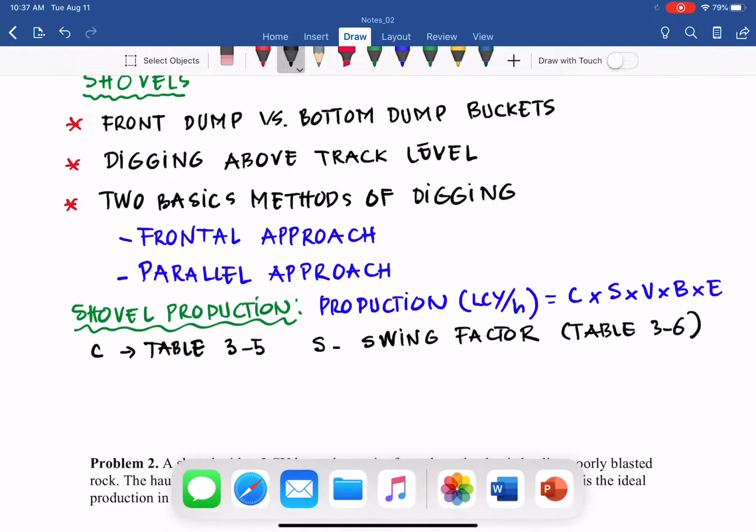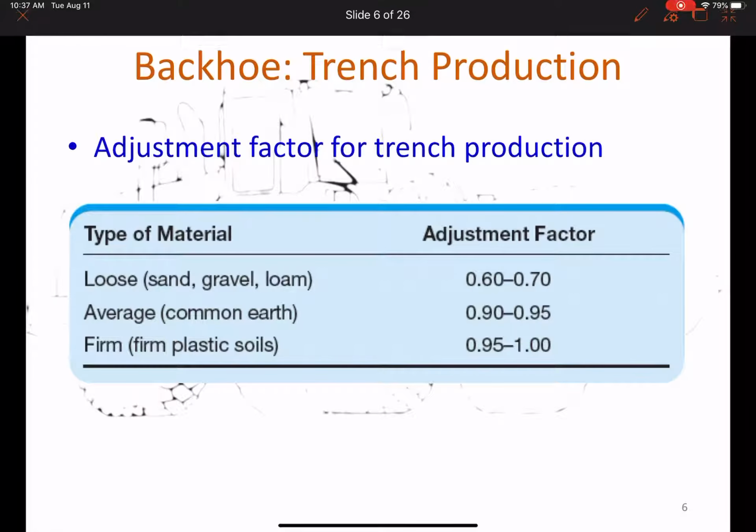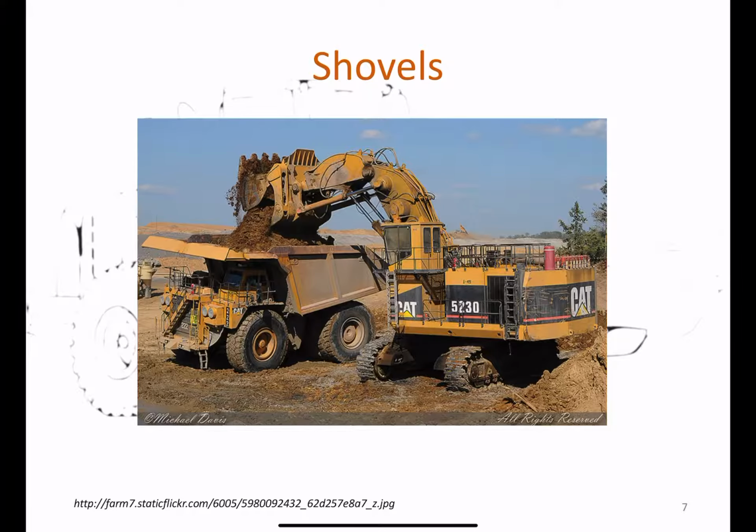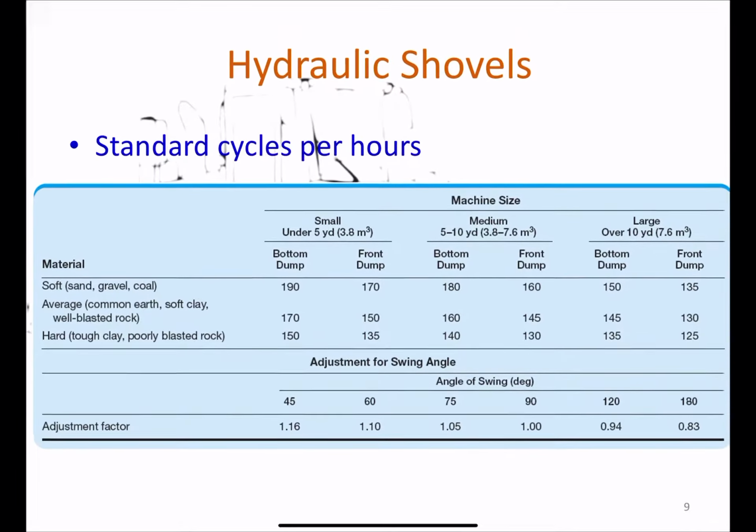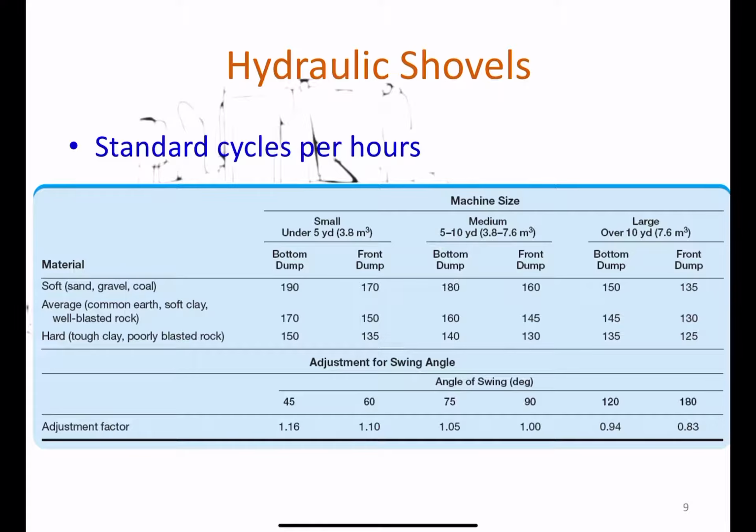I'm going to show you that table here, shovel and the cycle, the same table for both, with the adjustment swing factor. As you can see, when the swing angle is increased, the adjustment is going down, which means less efficient. So to improve production, we have to minimize the angle of swing.